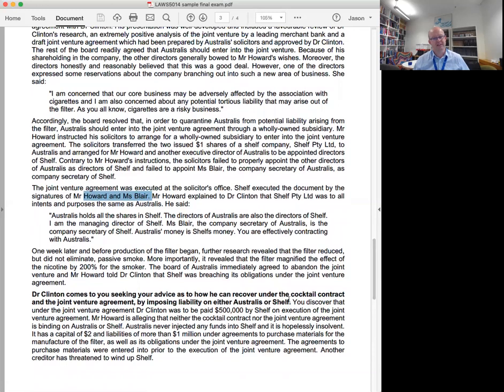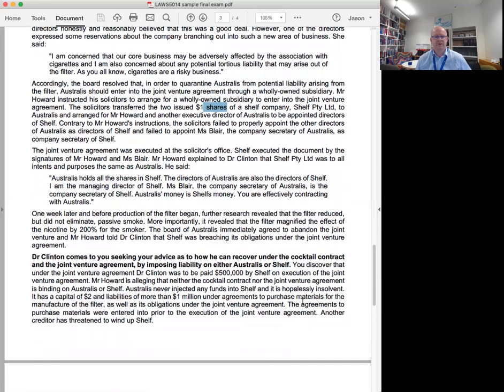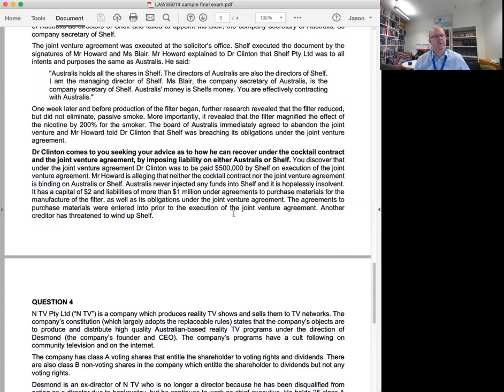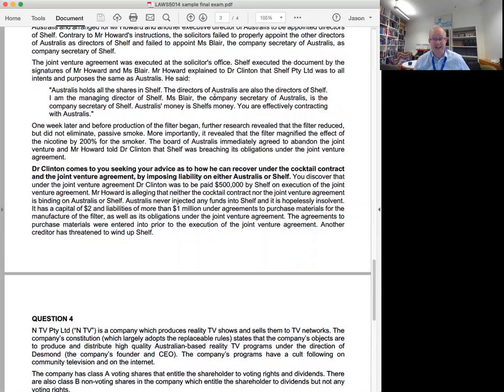The problem for Clinton, though, is Shelf doesn't have any assets. It's a $2 company, 2 $1 shares. So, yeah, okay, you can enforce the agreement against Shelf. It doesn't have any money. You discover under the joint venture agreement, Clinton was to be paid $500,000 by Shelf on execution of the joint venture agreement. So that means there's a debt if that contract is enforceable.